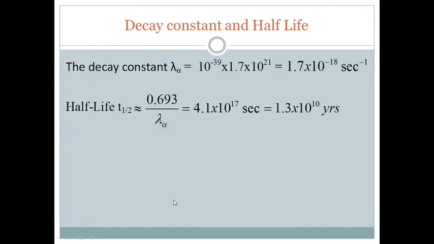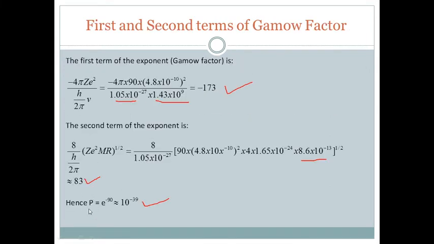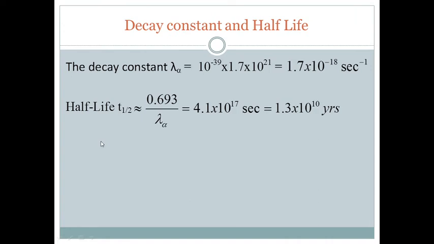Now let's calculate the decay constant. This is the probability of tunneling, and as all of you know, the decay constant lambda is nothing but the value of V by R, the number of attempts it makes, multiplied by e raised to minus G. This is going to be the decay constant.